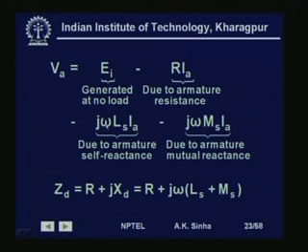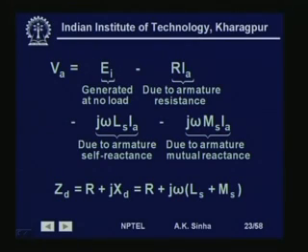So, it is j omega L S into I A, this is the drop due to armature self reactance, and since there are mutual reactances associated because of the currents flowing in the other phases, with those windings also they have the mutual flux between them.